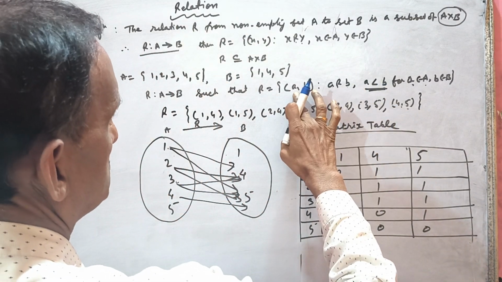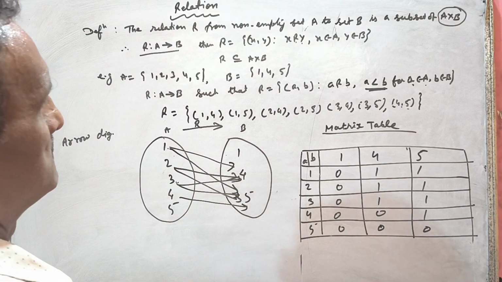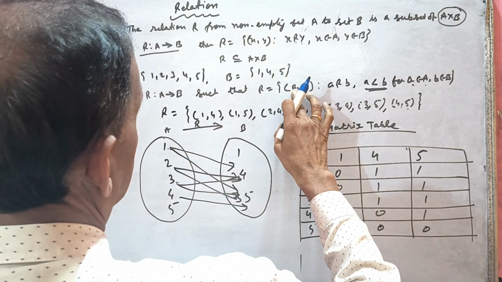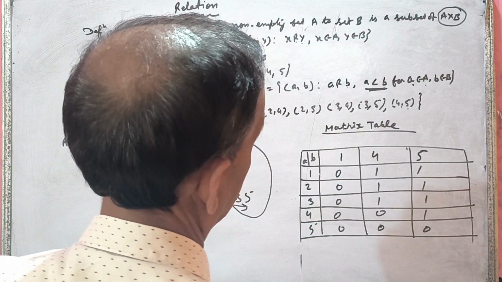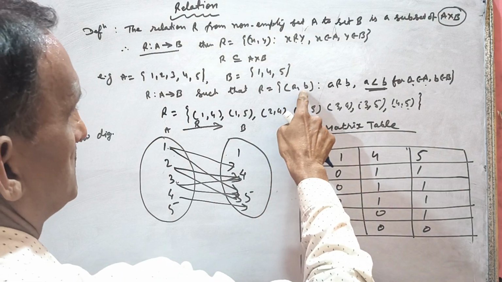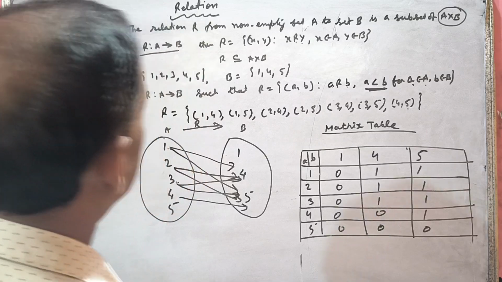The first component of the ordered pair should be less than the second component of the ordered pair, where first and second components are the elements of the first and the second set respectively.